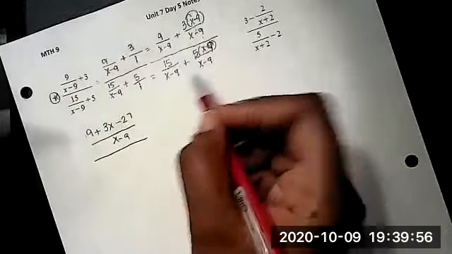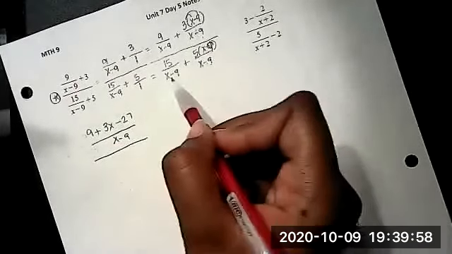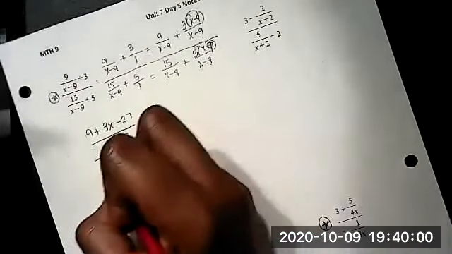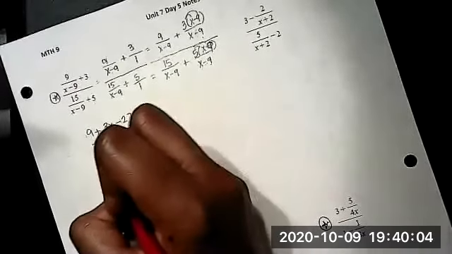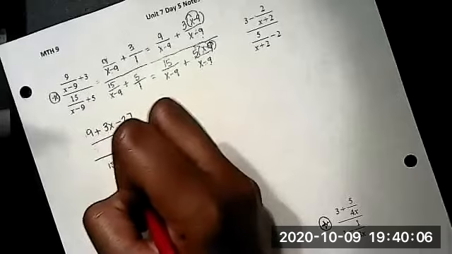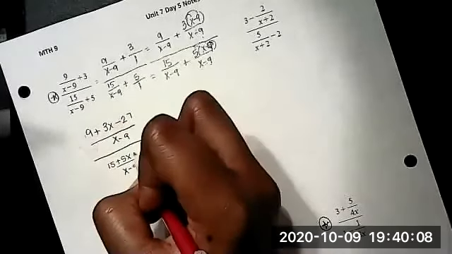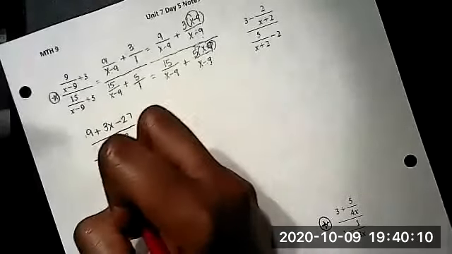Same thing here, these now have common denominators. We're going to distribute that, x minus 9 is at the bottom, but this becomes 15 plus 5x minus 45.